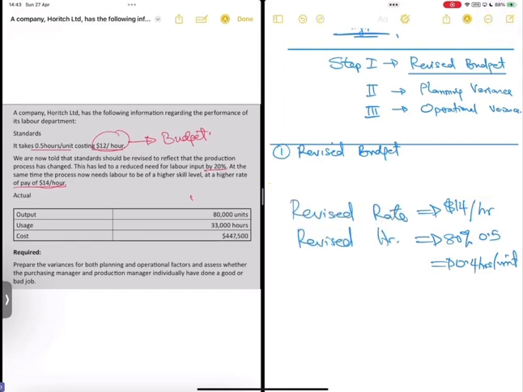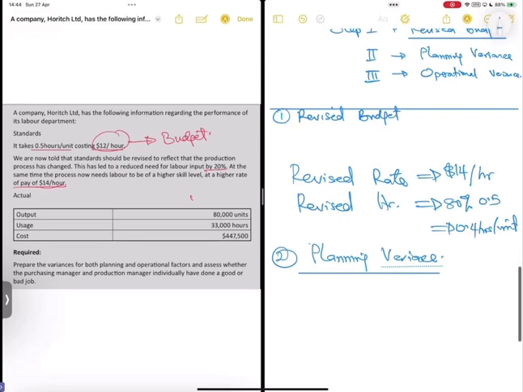The next thing we need to do is step 2, which is to get our planning variance. And we know that planning variance is about the old budget versus the revised budget. So the revised budget will be serving the way we used to see actual.